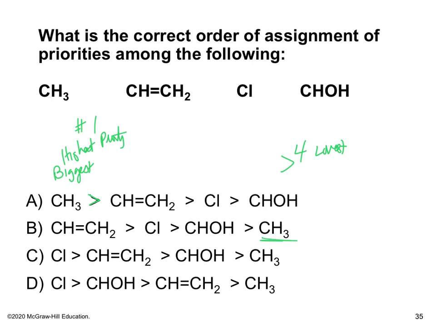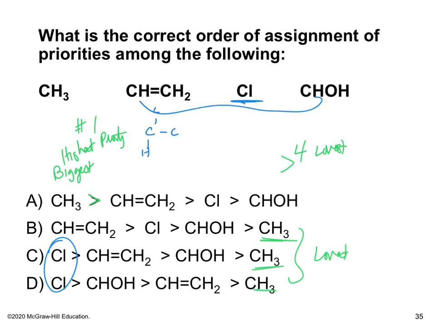So hopefully you saw CH3 would be your lowest, and then chlorine's going to be your highest. And then you're comparing these two here. This is a carbon bonded to a hydrogen, carbon and a carbon. This is a carbon bonded to a hydrogen and oxygen. And so oxygen wins. So D is your answer.